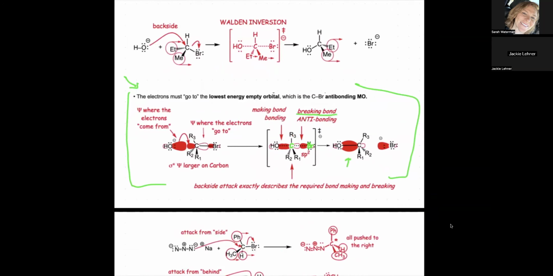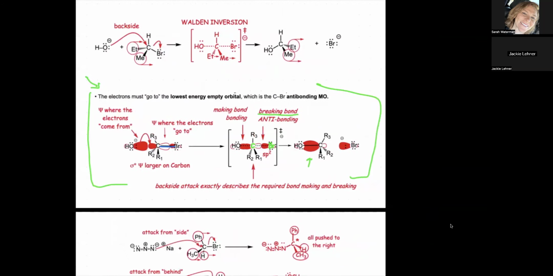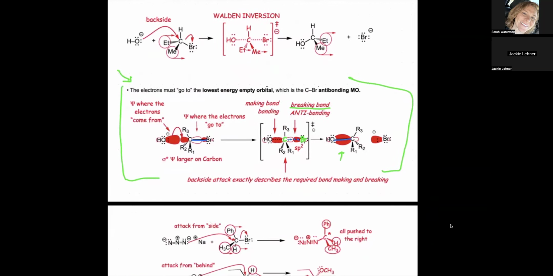Okay, so now, because we're talking about the bond between the carbon and the bromine here, and how that eventually breaks to form the bond between the oxygen and the carbon, carbon has to have their electrons in the same orbital as oxygen in order for them to create that bond.